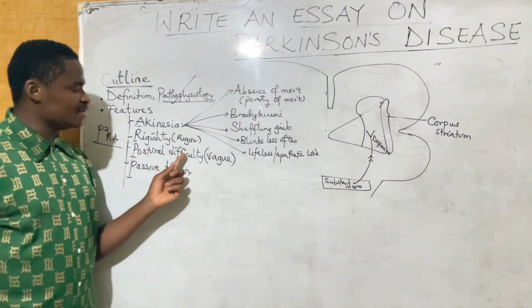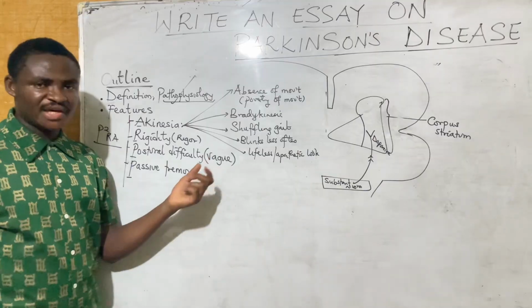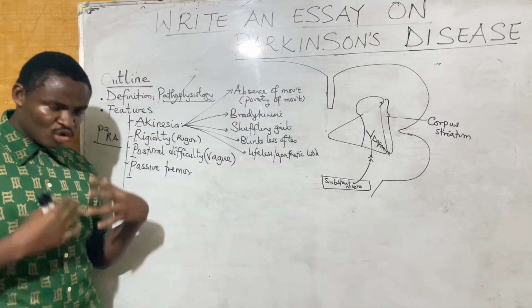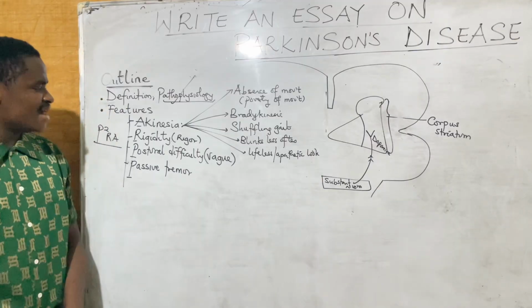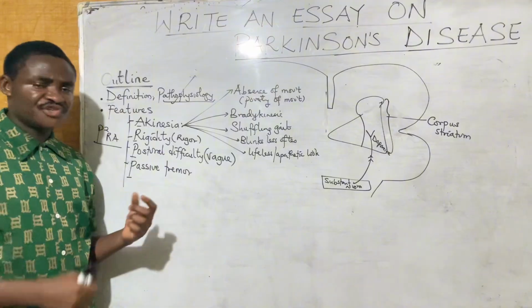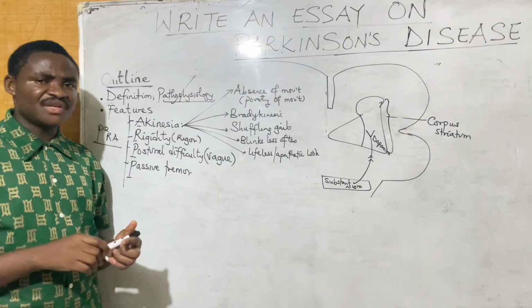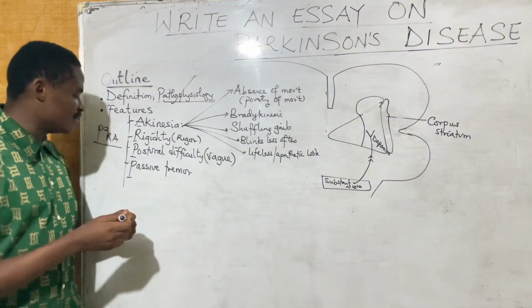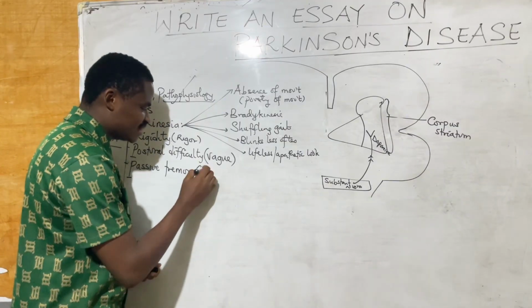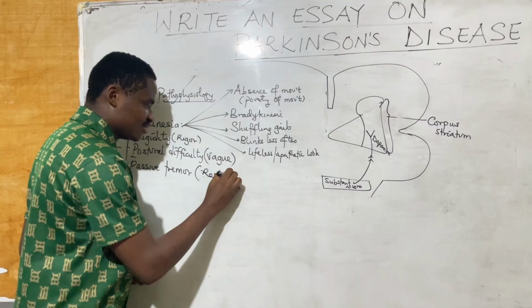Then postural difficulty, otherwise called vague, still points towards the shuffling gait, but with the whole posture: the person does not have a straight posture, so the posture is shaky. And then passive tremor is the shaky movement that we see at rest. Passive tremor, otherwise called tremor at rest, or rest tremor.